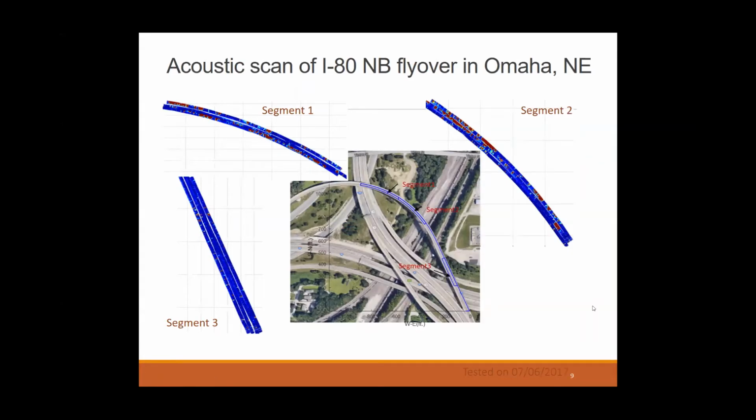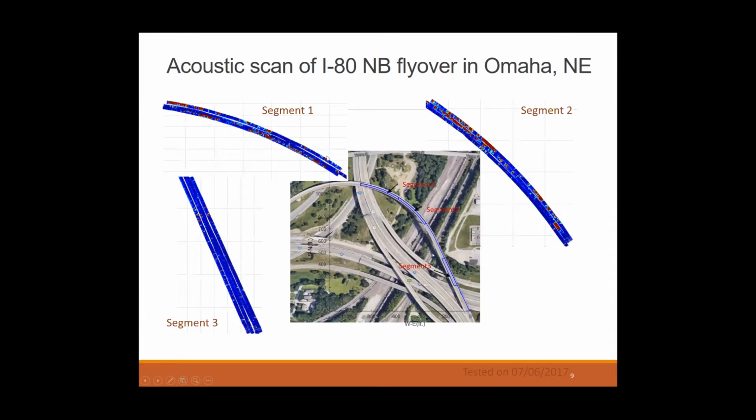This is a test we did in 2017 in Omaha, Nebraska. This is a flyover over the I-80 highway, and the total length, I think, was longer than 1,000 feet. With this acoustic system, we can quickly finish the scan of this bridge.